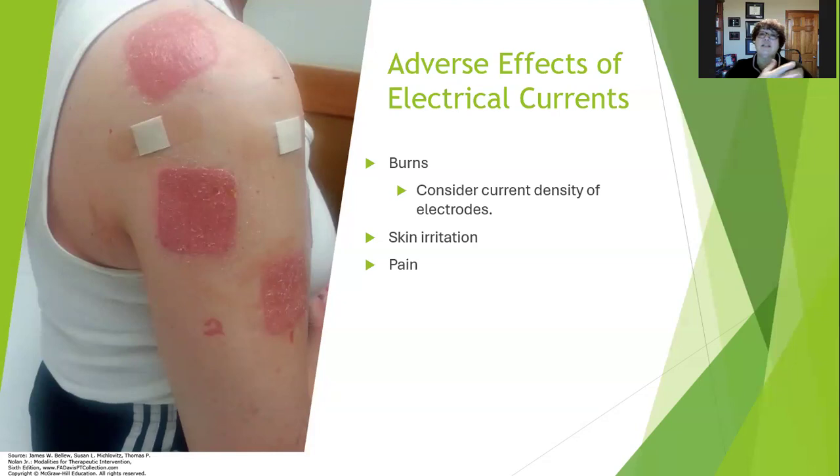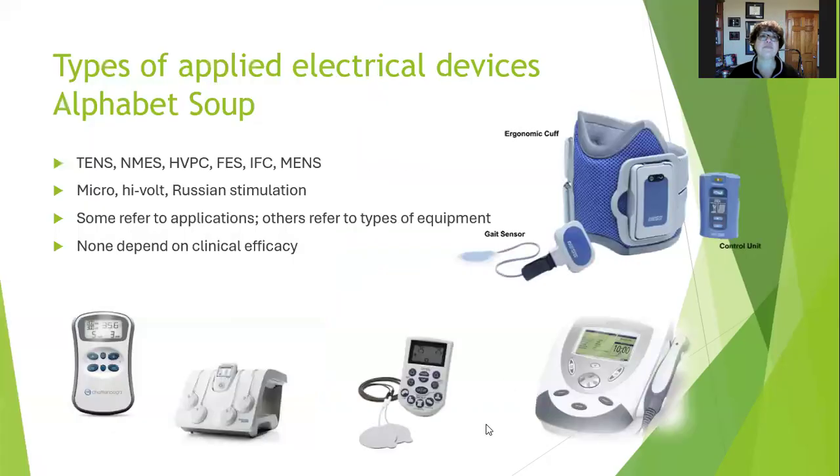Just skin irritation in general or pain, if the actual application of electrical stim is increasing their pain, well, we don't necessarily want to do it. Although I've got to say, muscle stim isn't comfortable. I don't know if it's painful per se. That's everybody's individual perception, but it's not comfortable, that's for sure. We'll find that out in lab.